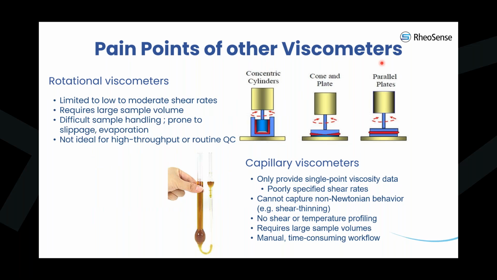There is no robust temperature control, so you miss how viscosity changes with temperature, which is critical for many industrial applications. Like rotational systems, they often need large sample volumes, and the workflow is manual and slow. That makes them less practical for routine QC.